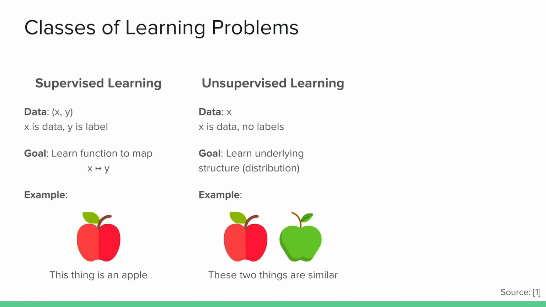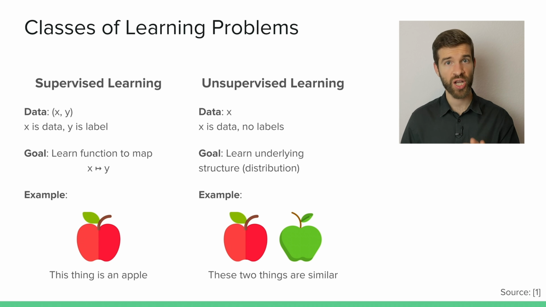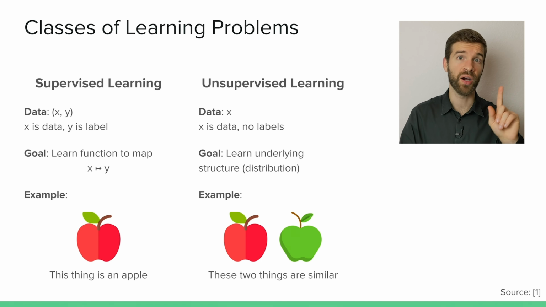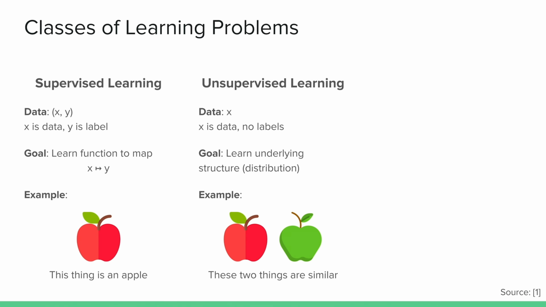For example, we show it images of apples and it learns that, well, these two things are similar. They have the same shape, so probably or likely they are the same object type. But maybe the color is different, so on one dimension that it learns, it would put them close together because they're both apples, and on another dimension it would say, okay, this one is green, this one is red, so I'll put them far apart from each other because they have different colors. That would be unsupervised learning.